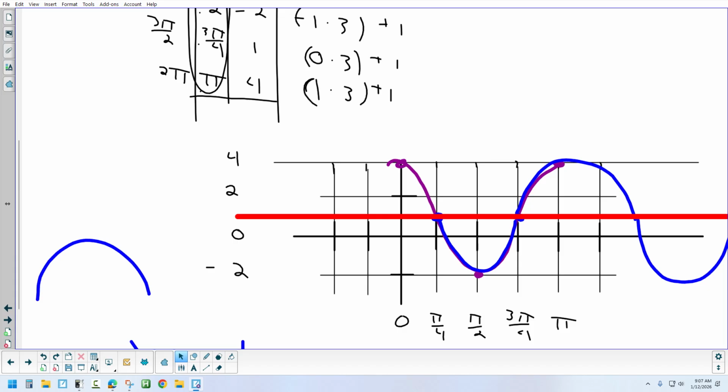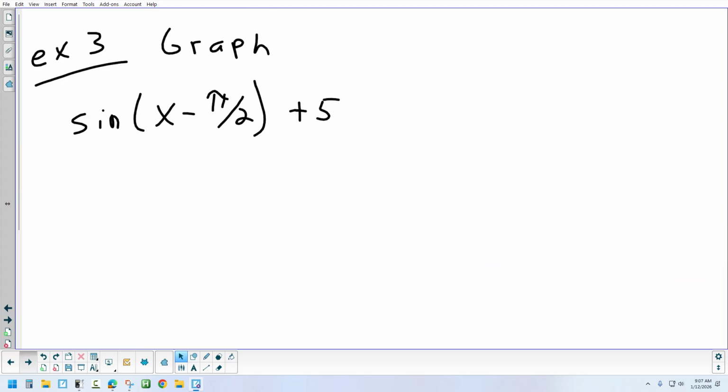The amplitude is 3. That's the highest that the wave goes off of the center line, from 1 to 4. That's a measurement of 3. But the highest value is actually 4. So the highest value and the amplitude don't need to be the same. Let's see what happens on this one.